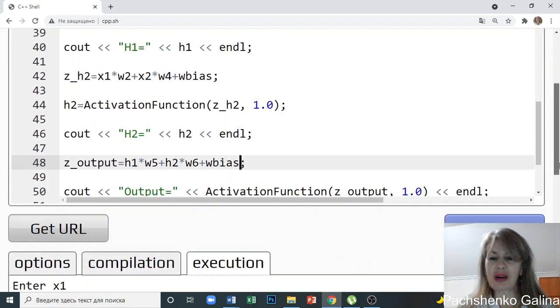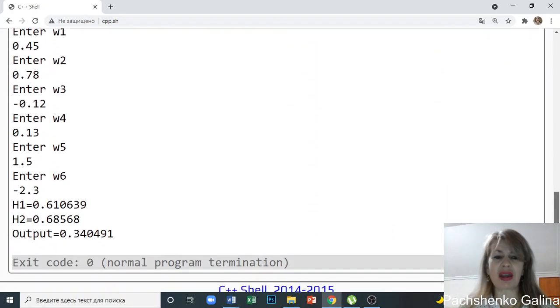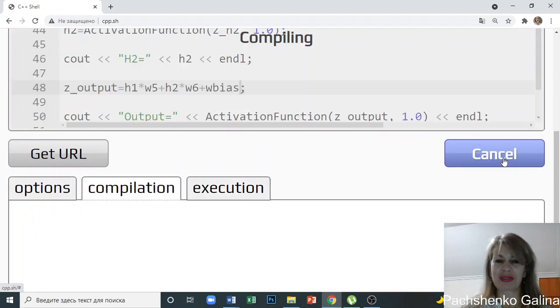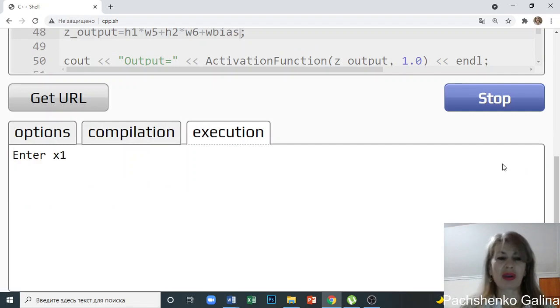Okay, and please remember these values. Please remember our output. And now we put in our bias. Okay, the same values just to compare.